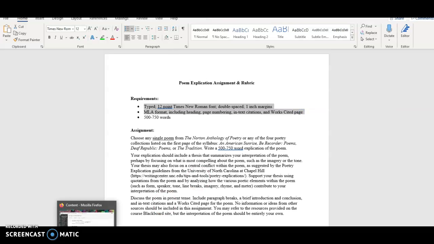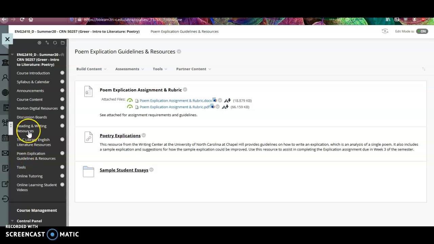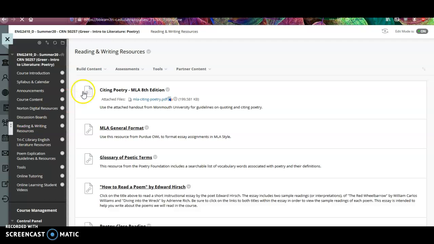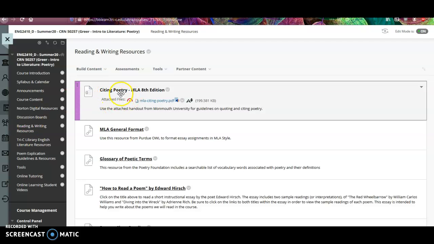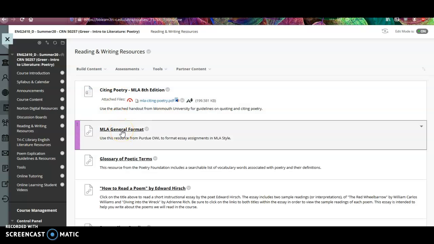So if you need a refresher on any of those guidelines, you can go to Blackboard under the Reading and Writing resources, and those include more general resources, including the MLA guidelines on doing in-text citations for poetry, and works cited entries, as well as the general format for formatting an essay document following MLA guidelines.